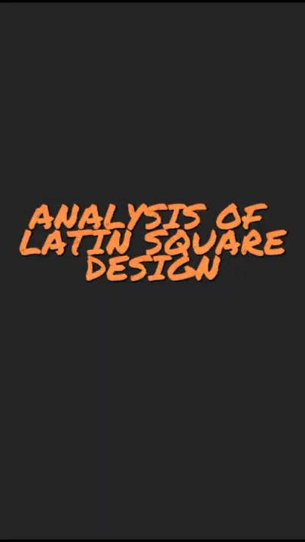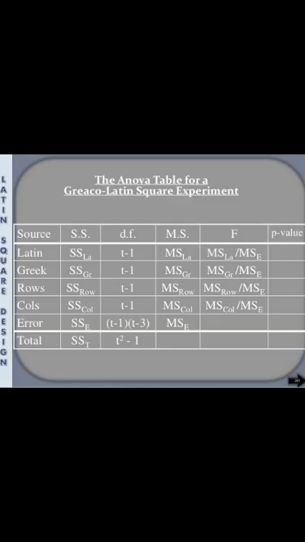And now we will go to the analysis of Latin square design. Latin square design analysis of variance. These functions calculate ANOVA for a special three-factor design known as the Latin square.